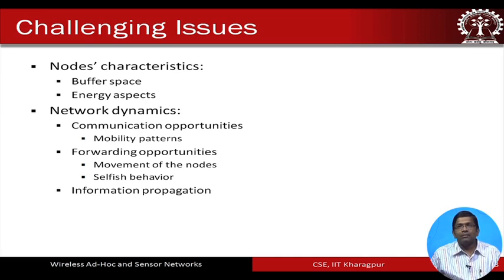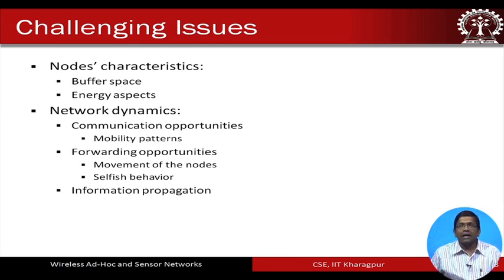Energy is very important, because energy is consumed not only in computation, but also in communication, getting and forwarding the message. Energy is also consumed for storing the message, carrying it for a certain duration of time until it is delivered to another node. So, energy aspects are very crucial for consideration in these networks.